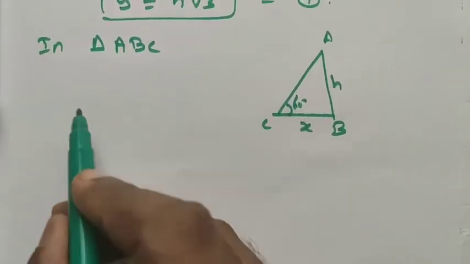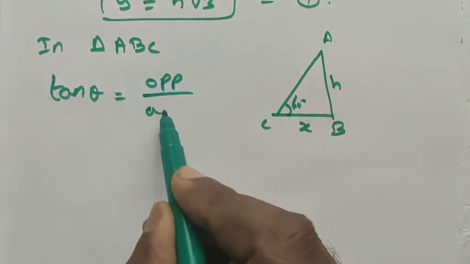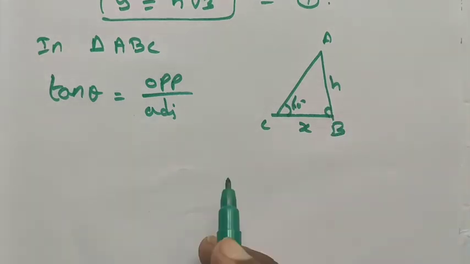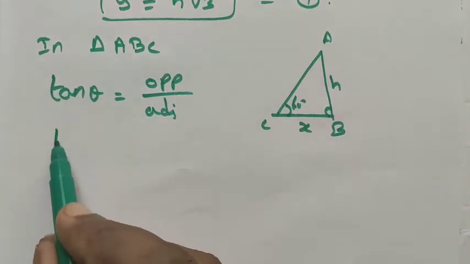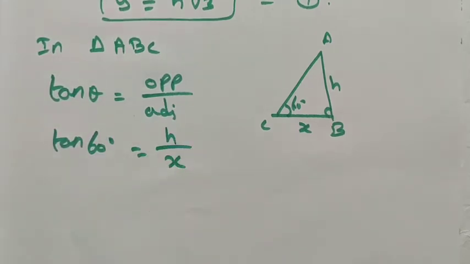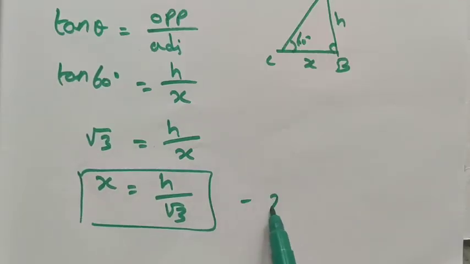Here also tan theta is equal to opposite side divided by adjacent side in a right angle triangle, right? Then tan 60 is equal to opposite side h divided by adjacent side x. Tan 60 we know the value is root 3, equal to h divided by x, and if we take x to this side, x is equal to h divided by root 3. Let me take this as equation number 2.